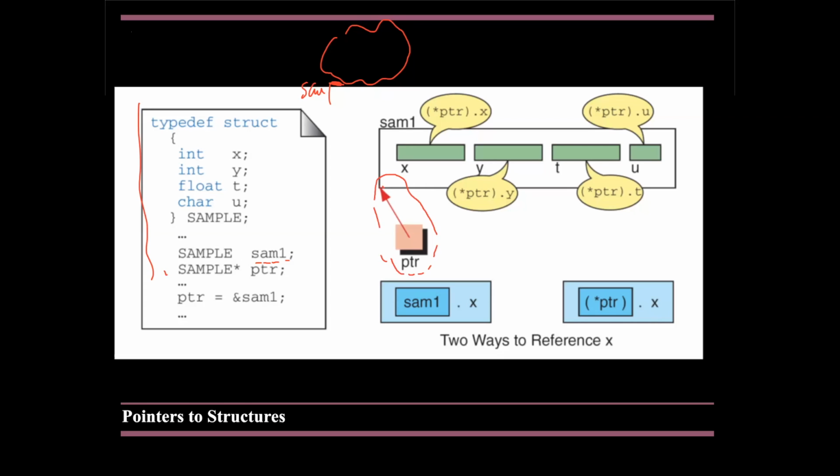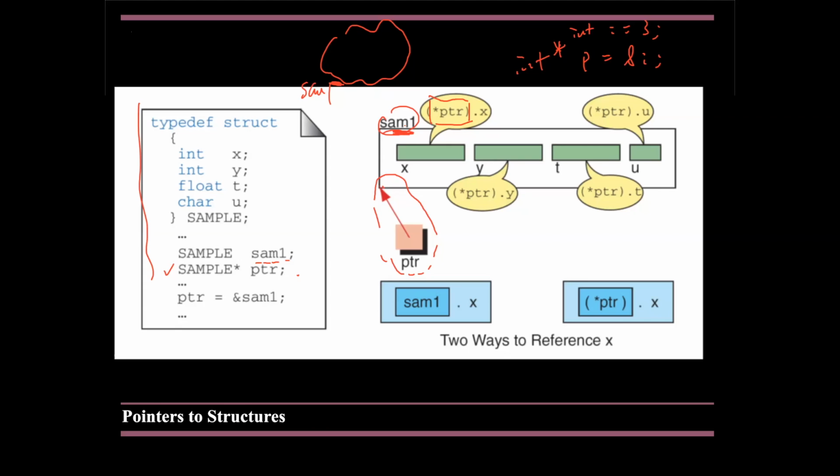So now this pointer points to the entire SAM1 object. It's almost like having an integer pointer that points to the memory address of something, and assuming that something is 3, there is a memory address associated with this object. So if we were to dereference this pointer, you get back the entire SAM1 object.